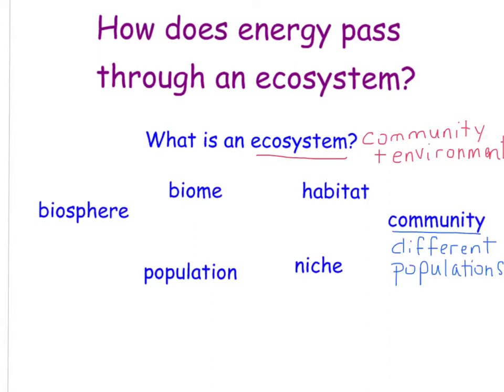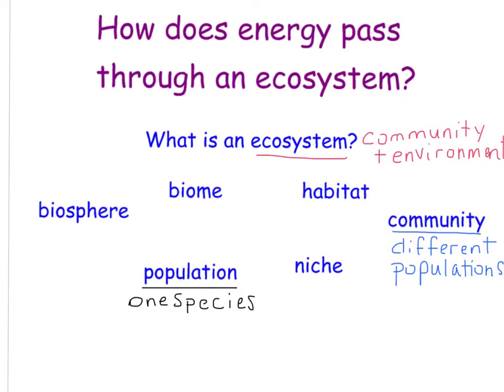Community, if you remember, is different populations, multiple populations. Well, do you remember what our definition of population was? Not just the people that live in town or something. It's the biological definition for population. I'm abbreviating these definitions, but a population is just one species of organisms, a group of that one species that live in the same place at the same time.